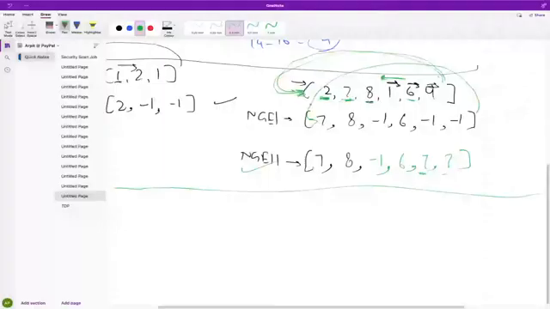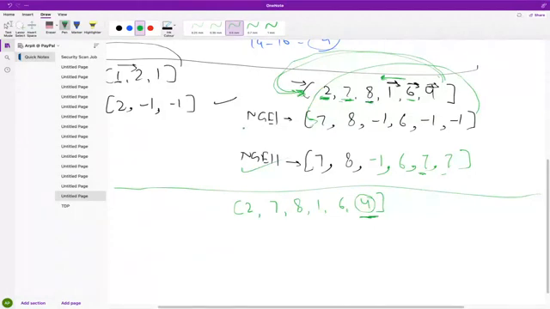But let's see. So guys, let's take the same array: 2, 7, 8, 1, 6, 4. For finding out the next greater element, we always start from the right side. We always start from the end of the loop. Correct? And what did we do?